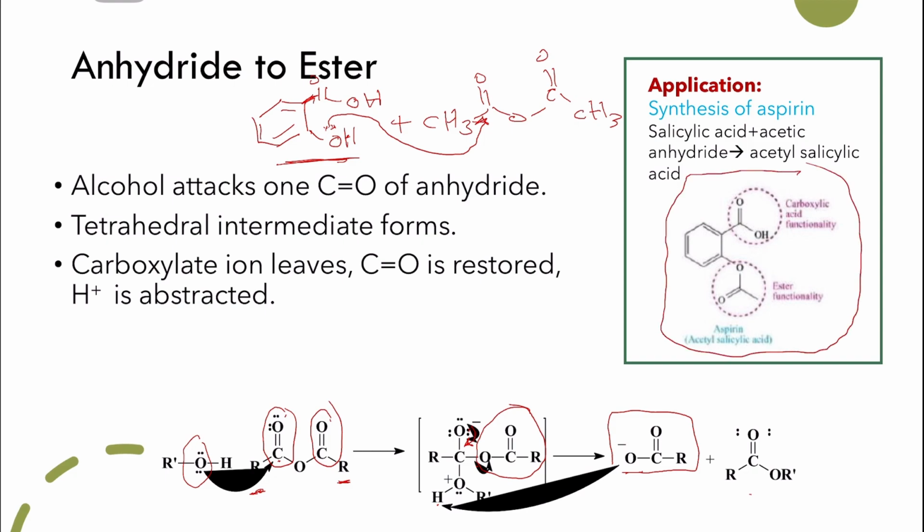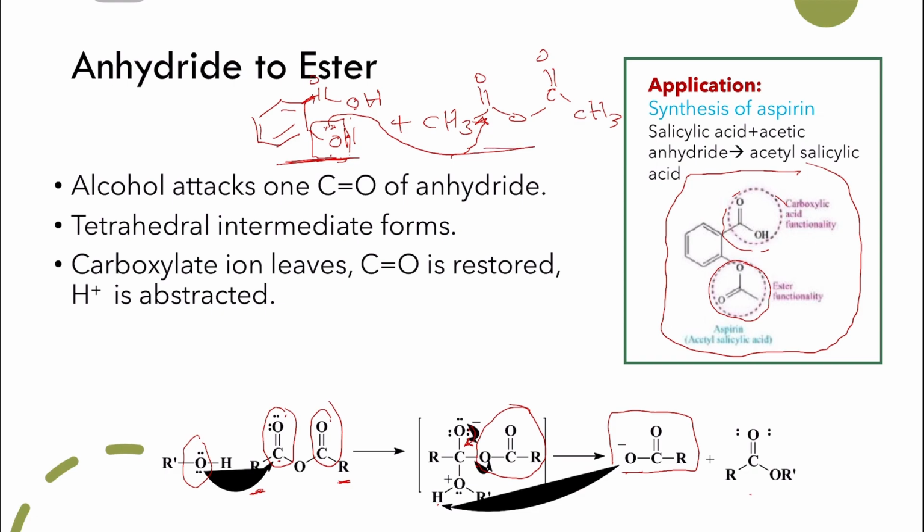The acetylsalicylic acid here has a carboxylic acid functionality and it has an ester functionality. Remember that the alcohol group here will not react directly with the acid under these conditions to give you an ester, but it will react with the anhydride to give you the ester.